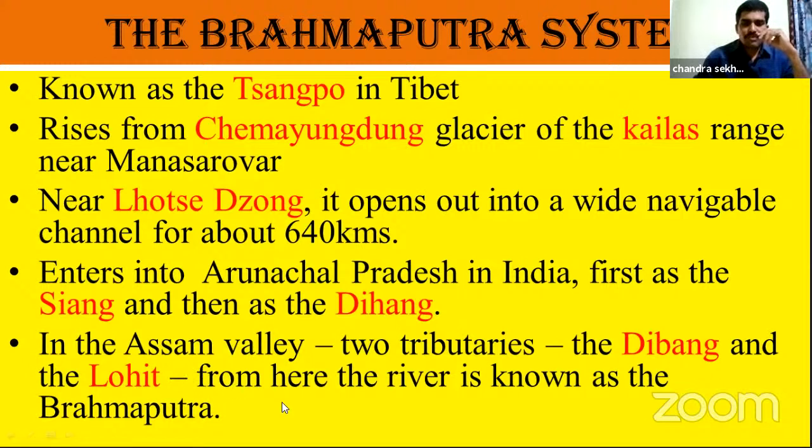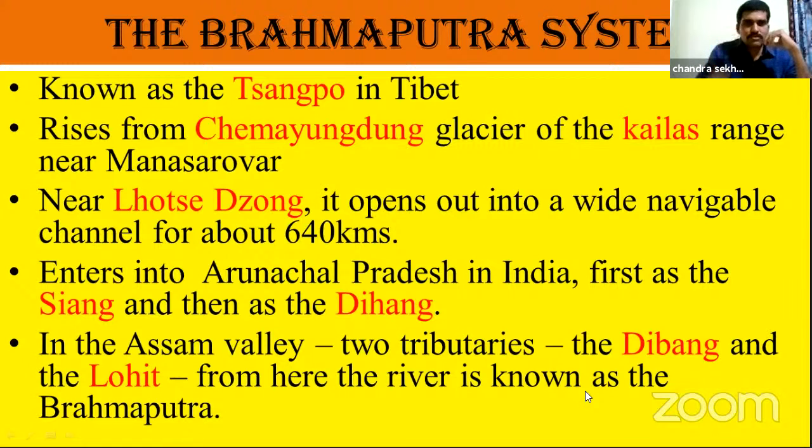From when these two tributaries join the Brahmaputra, onwards the river is known as the Brahmaputra river system. Okay, so the local name of Brahmaputra in Tibet is Sangpo.